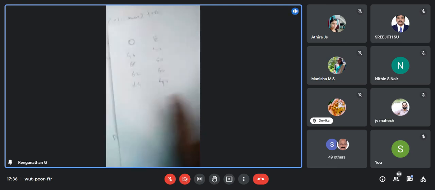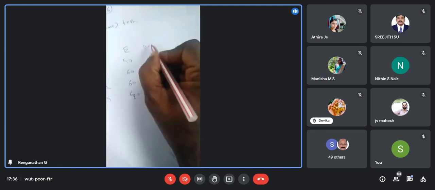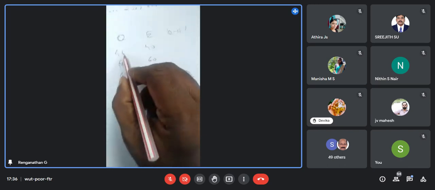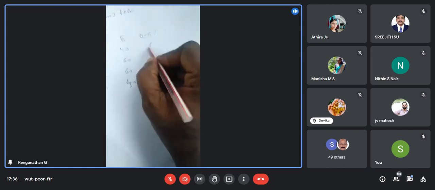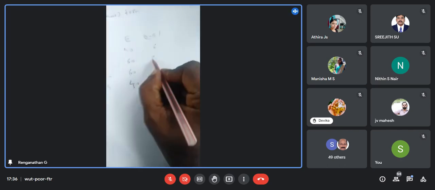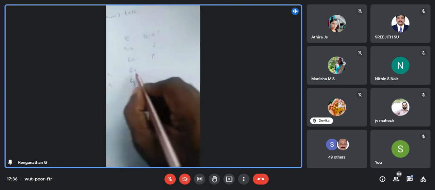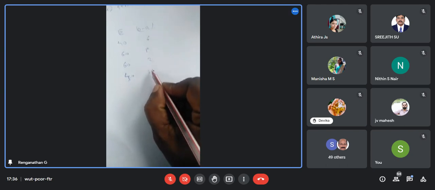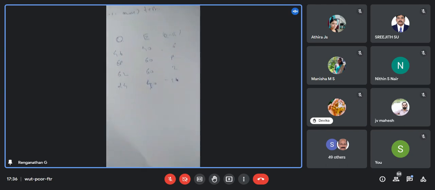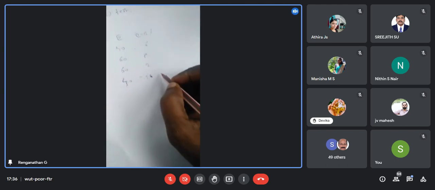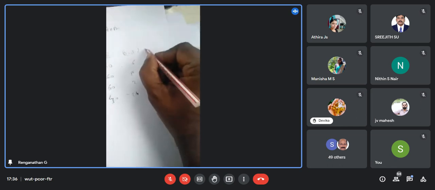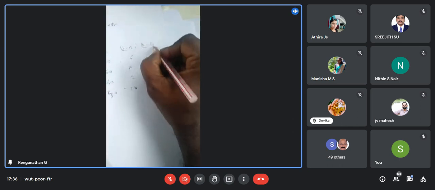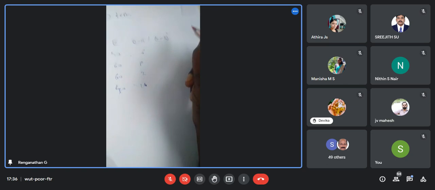So at first we have to find out a column O minus E. That means 46 minus 40, 6. 68 minus 60, 8. Then 62 minus 60, 2. 24 minus 40, minus 16. Isn't it? So O minus E is found out. Then O minus E whole square should be the next column.